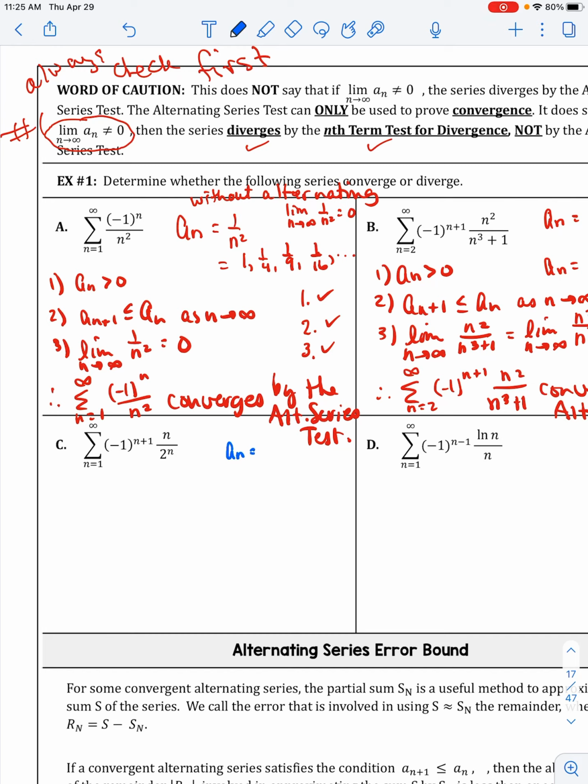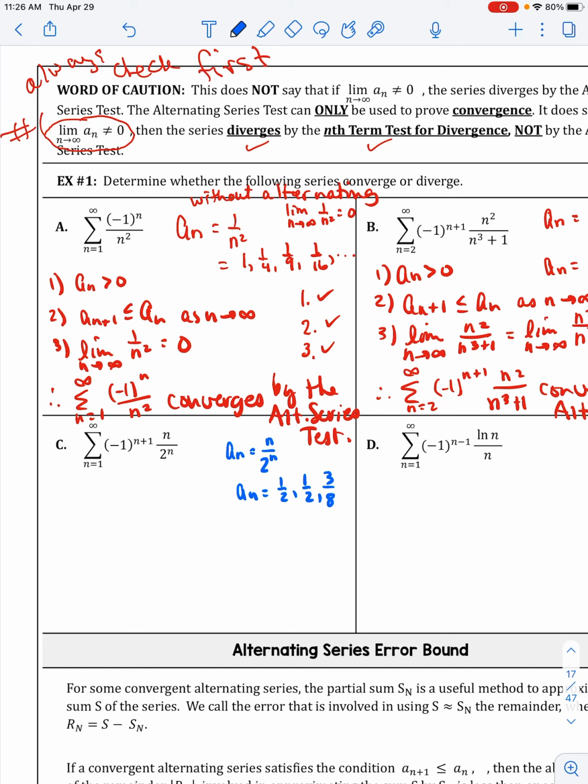Okay? All right, let's look at C. So I'm going to change colors. My a sub n is just n over 2 to the n. And so if I was looking at what my a sub n was, if I put in a 1, I get 1/2.